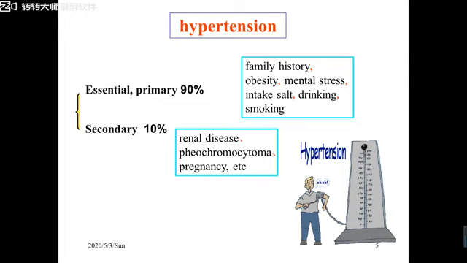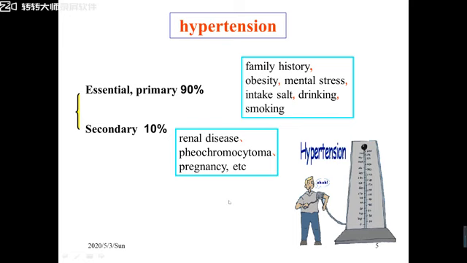CCB, ACEI, or ARB, or diuretics, or beta receptor blockers? Yes, you are right. We should use CCB, calcium channel blockers, to treat pregnancy with hypertension, secondary hypertension.